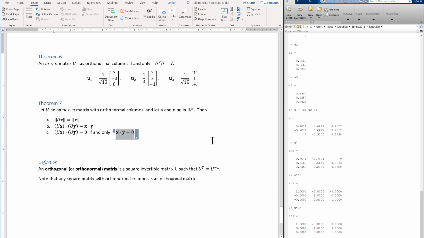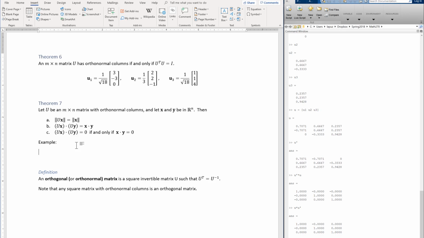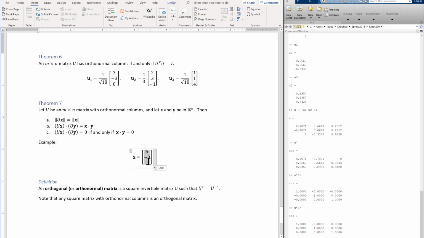So let's take a look at that x that we had earlier, where x is equal to this vector, and we were able to write it as a linear combination of the v vectors, but we certainly can write it as a linear combination of the u vectors as well. But let's take a look at the length of this thing.